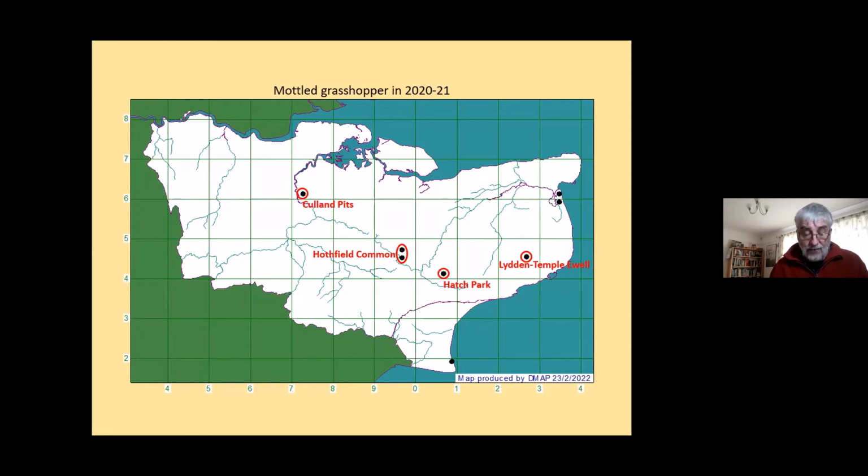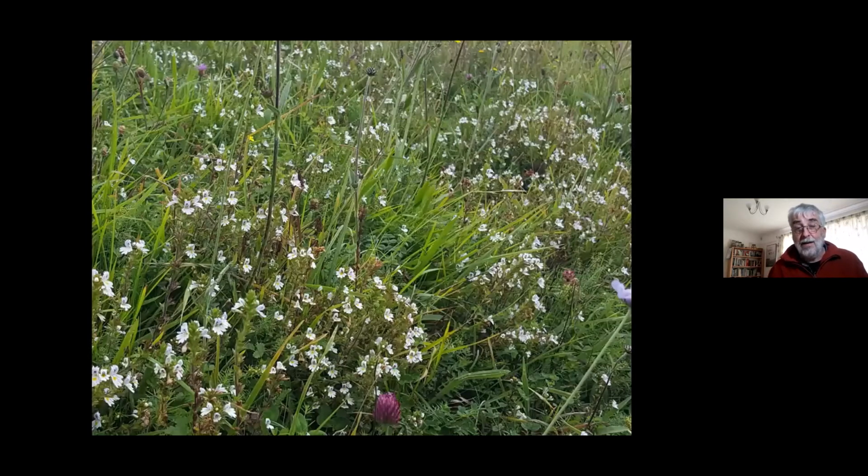They note that the mottled grasshopper is very common in short turf there, and they talk about it having closely cattle-grazed turf. However, going back this year, that doesn't appear to be the case. It's lovely and flower rich, but it's relatively tall.